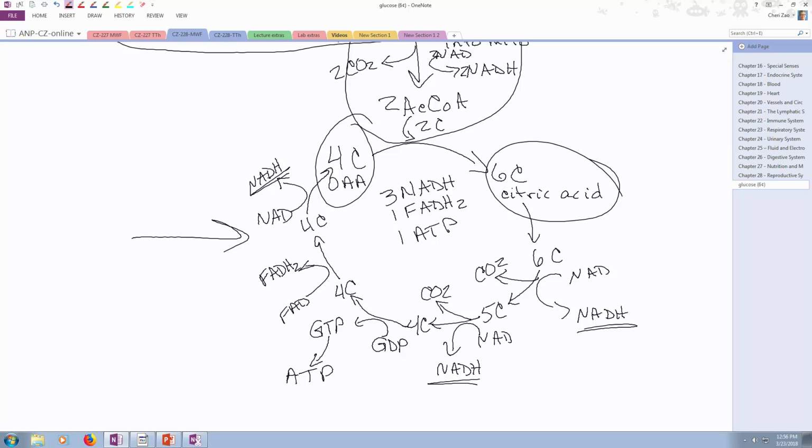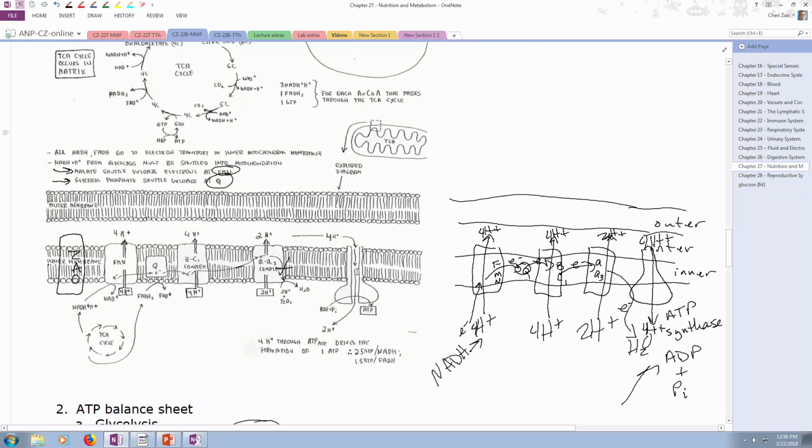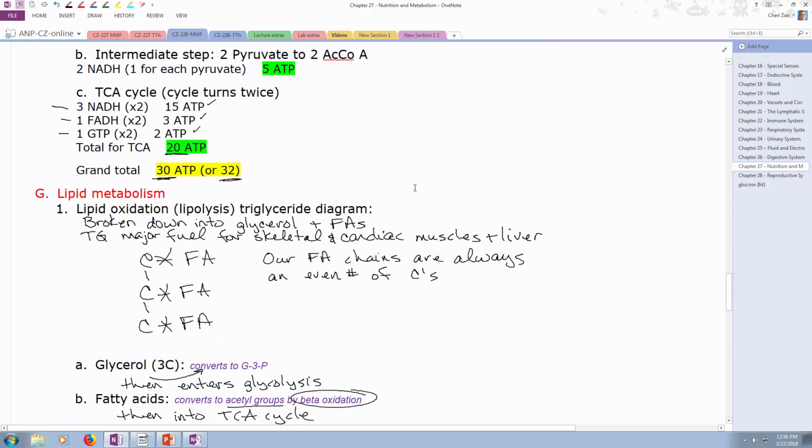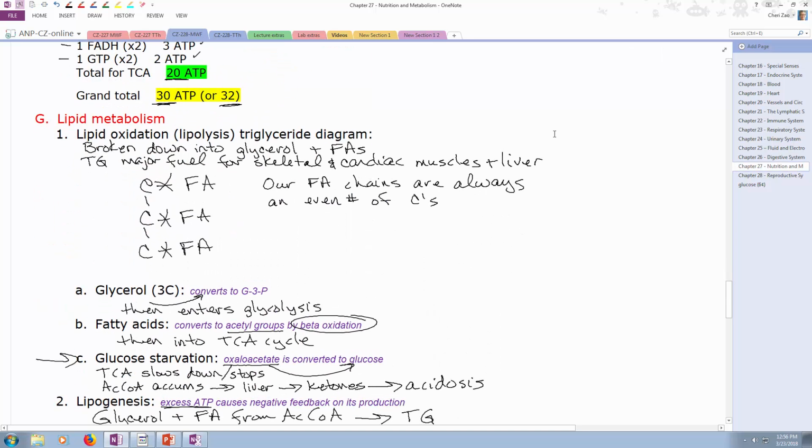Okay. Yes? Could you go to the lipid metabolism page? The lipid metabolism? So oxidation is breaking lipid down, so it's a catabolic reaction, and lipogenesis is an anabolic reaction.